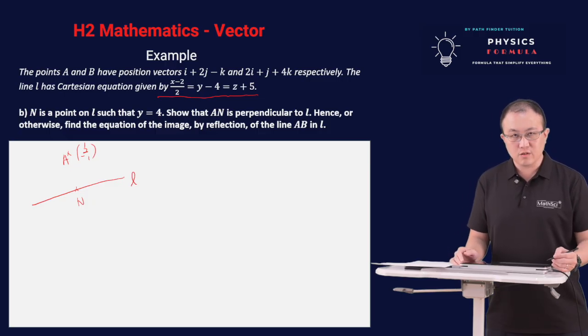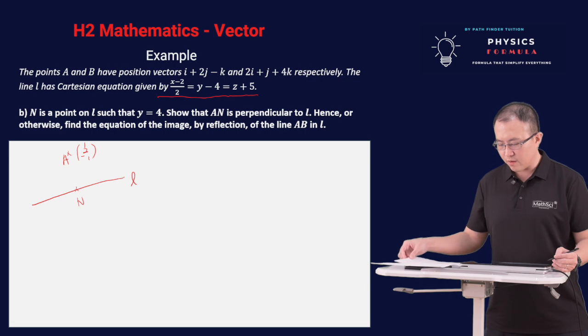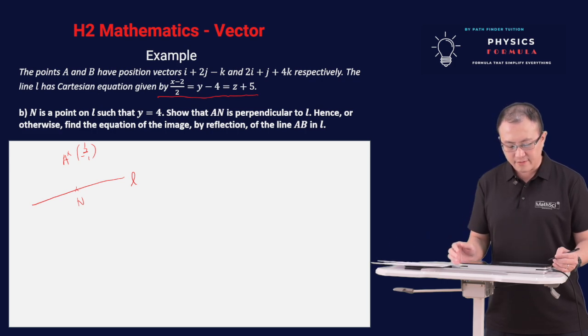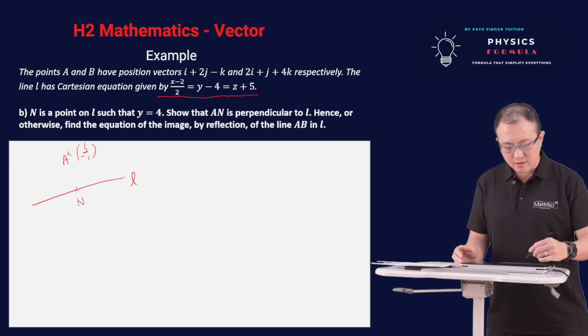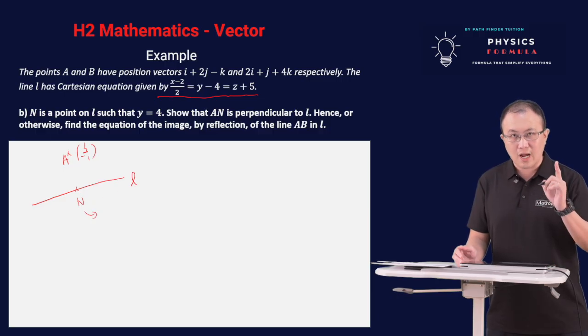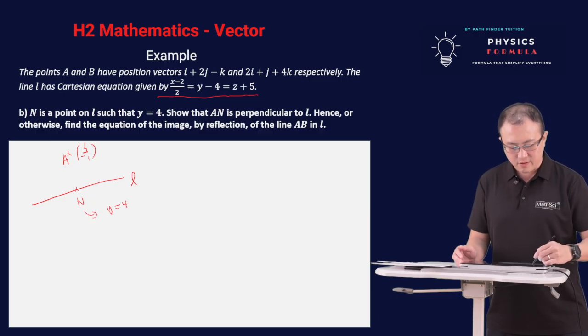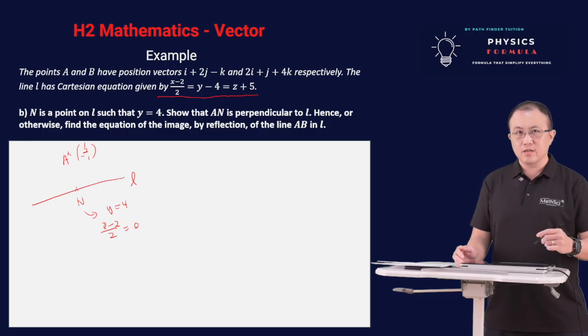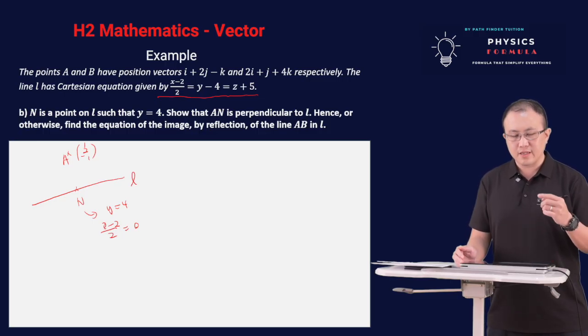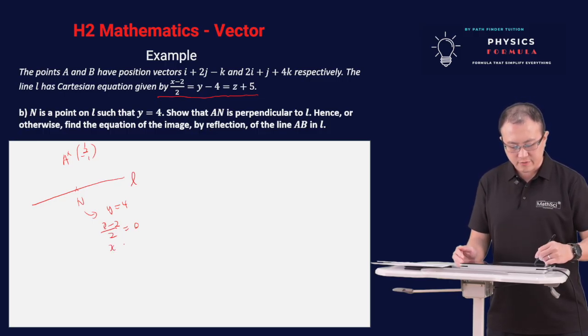So we're going to use the equation of the line L to find N first. So from this equation, point N can be given by letting y be 4. And then we will get x minus 2 over 2 equal to 0, because when y is 4, 4 minus 4 is 0. Then we can actually solve for x.